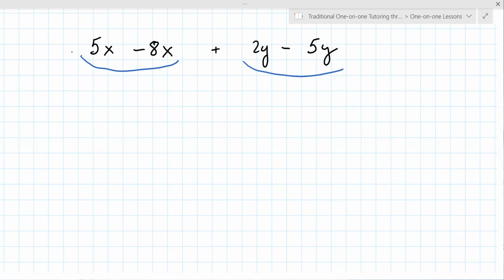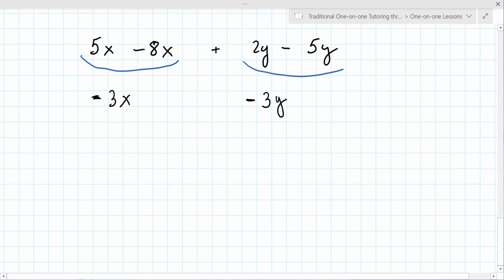Is 8 positive or negative? Right, so 8 minus 5 is 3, but since 8 is negative, you put the negative sign. Negative 3x, very good. Try to do the same thing over here. 5 is the greatest, and it's negative. So this becomes negative. 5 minus 2 is 3. 3y. Right. Your final answer should be negative 3x minus 3y or something like that.